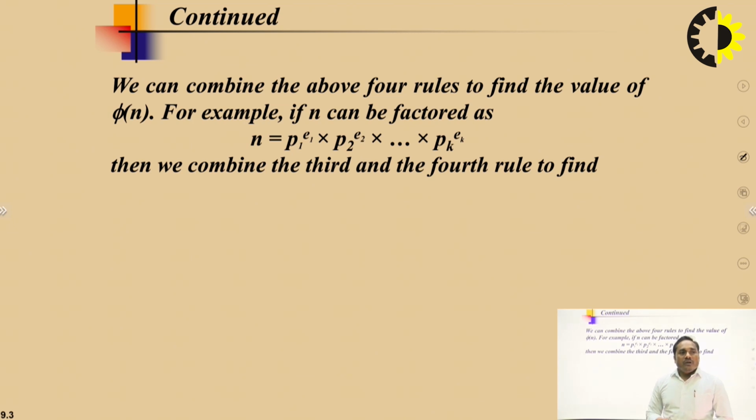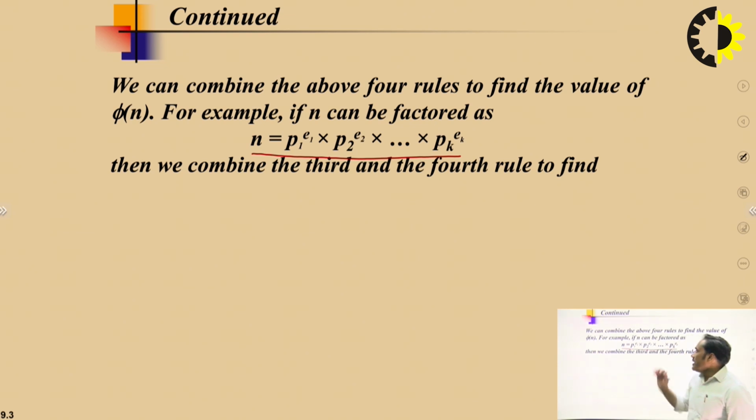If you combine the above four rules to find the value of phi(n), you can write n in this form: n equals p1 raised to the power e1 into p2 raised to the power e2 up to pk raised to the power ek.